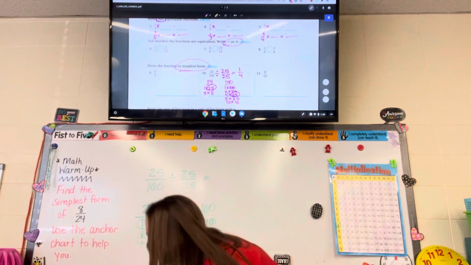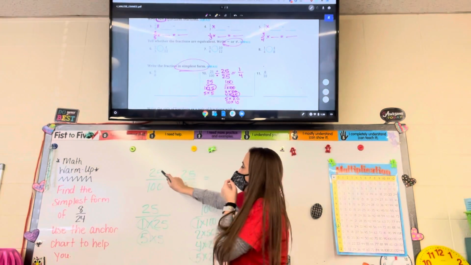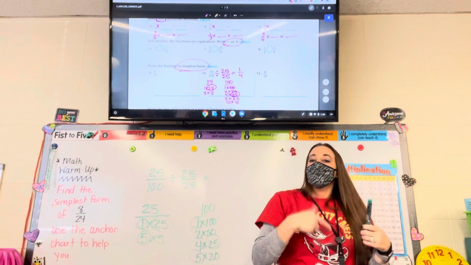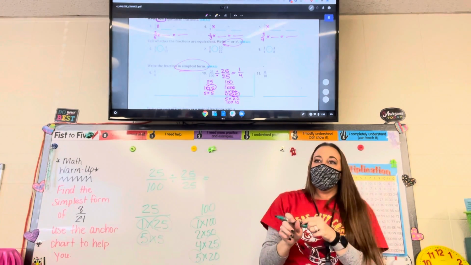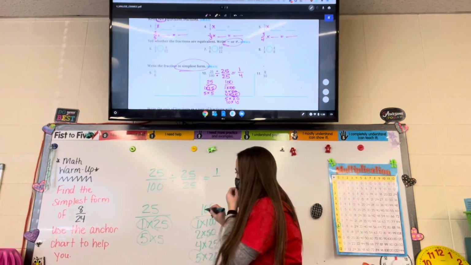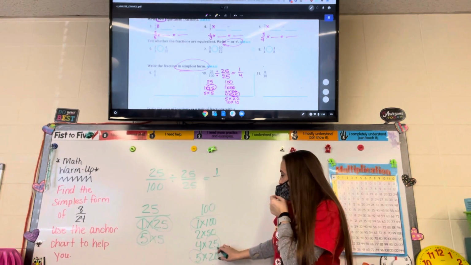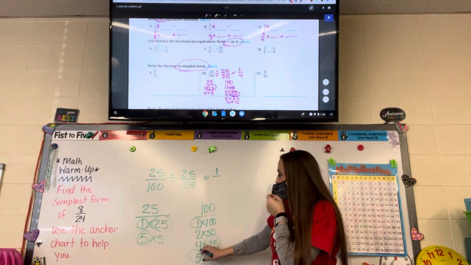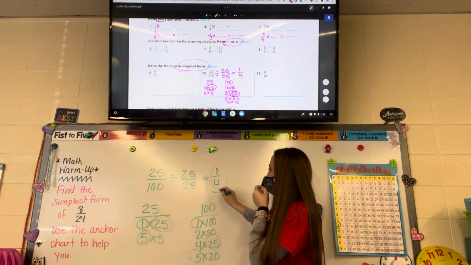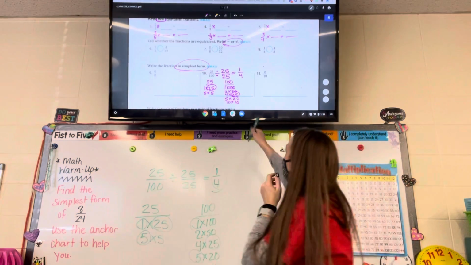So you have 25 cookies and 25 kids. How many cookies will each kid get? One. You have 100 cookies divided by 25 kids. What was 25's partner to get to 100? 4. So your answer, simplest form, is 1/4 on number 10.